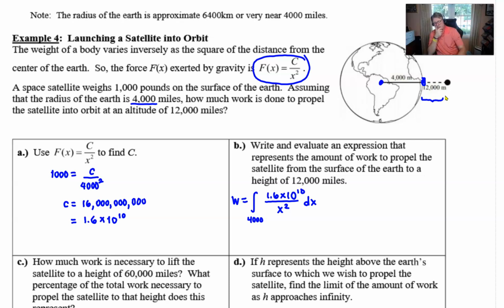So if I start at the center of the Earth where all of my measurement has taken place, I have to make sure that my upper limit of integration is 16,000. Sometimes that's really tricky for kids because we have to measure things from that focal point of where all the gravity is being directed towards, and that would be the core or the center of the Earth.